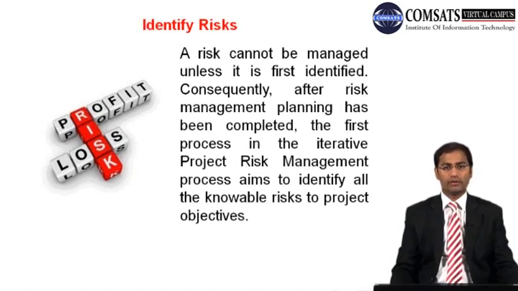Initially you will stick to 200; you won't go for the 1,000. And there is another word, that is iterative. Risk management is iterative, as I explained in the previous lecture. You will follow a sequence, then you will keep identifying the risks throughout the project life cycle.